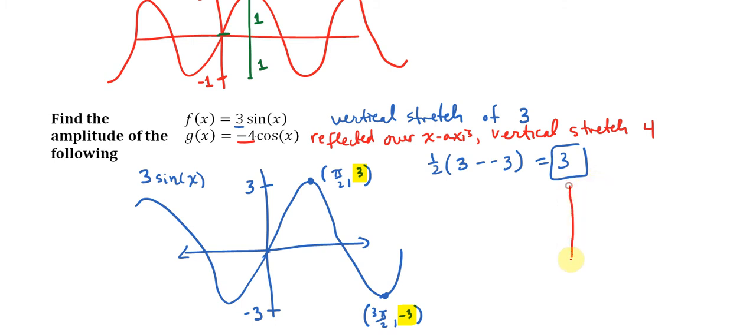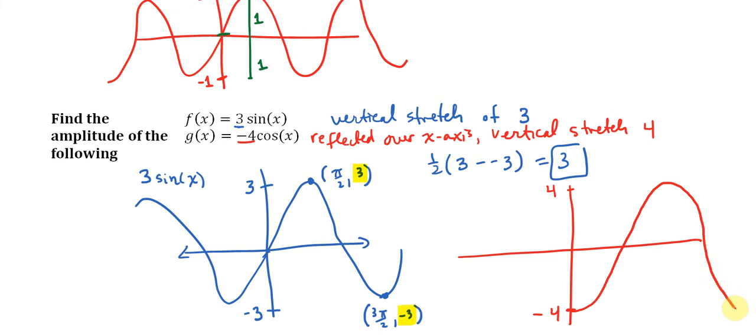So now when I go to graph this function, and keep in mind this is the cosine function, the cosine function usually starts out at a maximum point, but because it's been reflected over the x-axis, it's going to start down here. This is going to be at -4, and up here you have +4. So it's going to look something like this. So this is g of x equals -4 cosine of x. And you can see here that not much has changed.